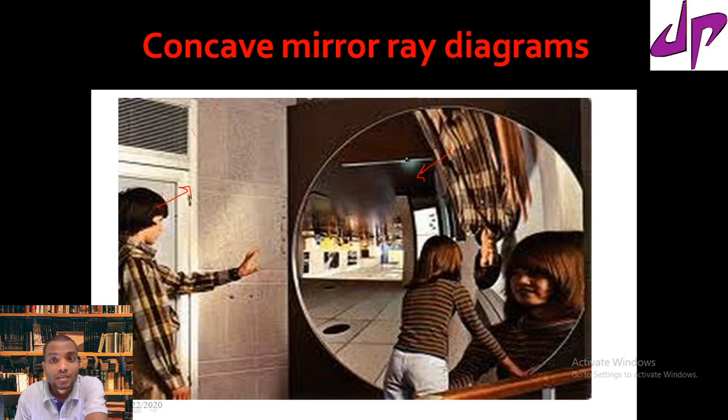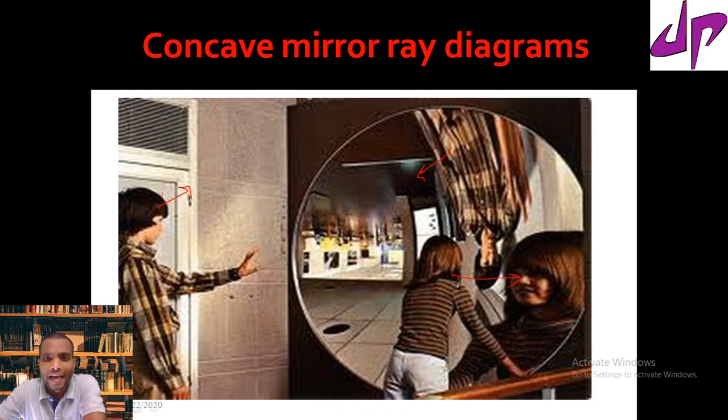If you notice, the image in the mirror is something different. It's inverted, and the size of the image is bigger than the size of the object. And observe this girl here. She stood very close to the mirror, but if you see, her image in the mirror is very big.